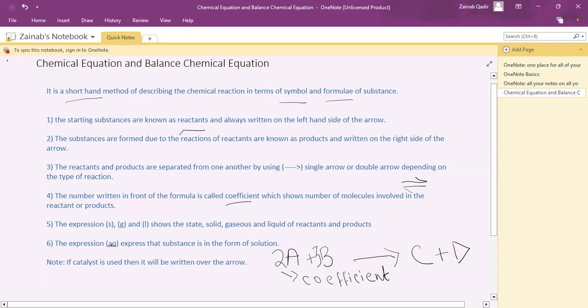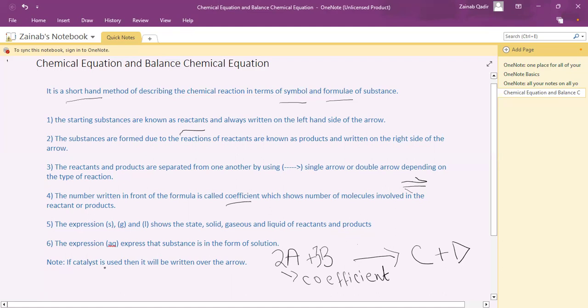AQ stands for aqueous. Sometimes the equation is written with aqueous, which expresses the substance in the form of a solution. It means the substance of the reactant is present in solution. Got it? And sometimes a reaction takes place in the presence of a catalyst. The catalyst is written over the arrow.